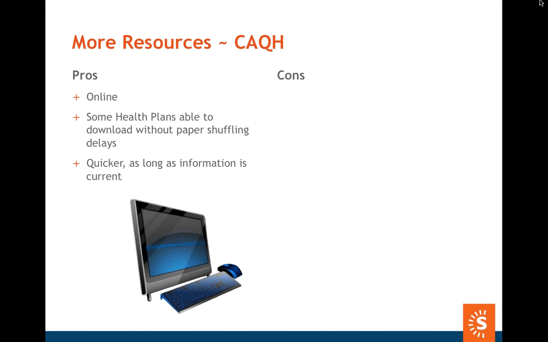The provider, either yourself or the provider, can enter their information and maintain it. Some health plans are able to download the provider's information without having to fill out a paper application, which is great because that helps with delays and makes the process quicker, as long as the information is current.